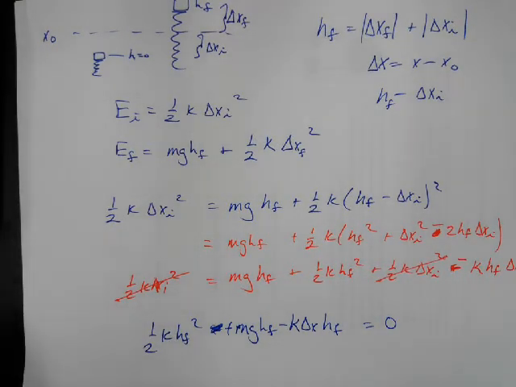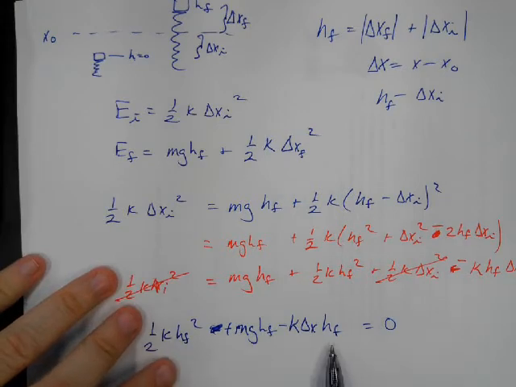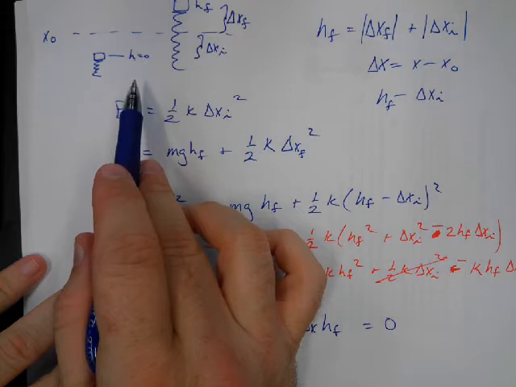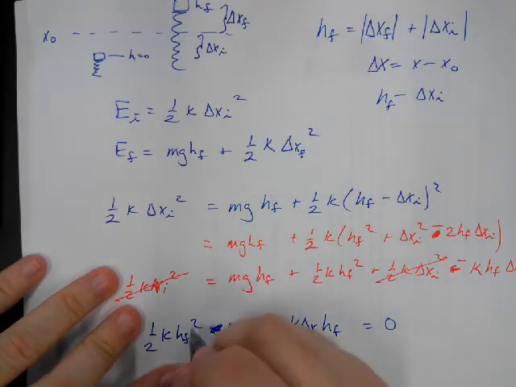And that means all those terms are 0. One idea is h final will be 0, right? Because we can factor a common h final out. So one solution is it doesn't move. That has the same energy. But that's not going to work.